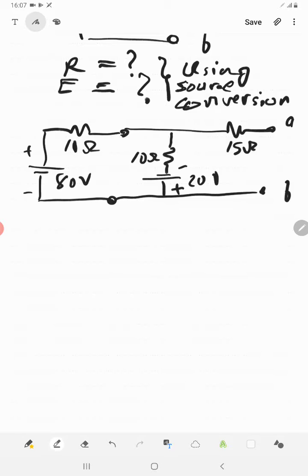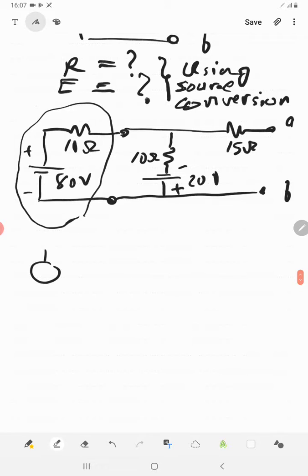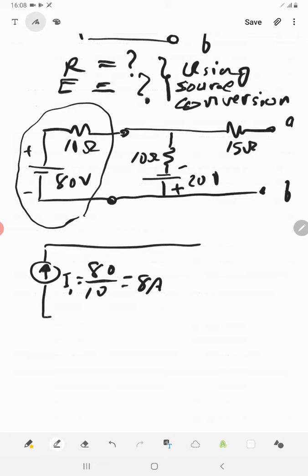So that's the circuit. Now what we will do, we transform this 10 ohms circuit to a current source. See the directions of the voltage source, plus minus. So this is the direction of the current source. What is this value? I1 is equal to 80 divided by 10, which is equal to 8 amps, and this will be in parallel with the same 10 ohms.